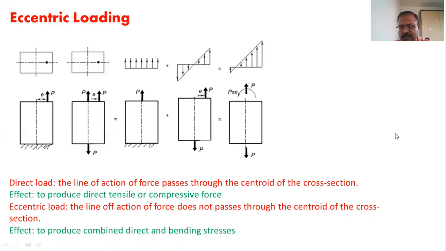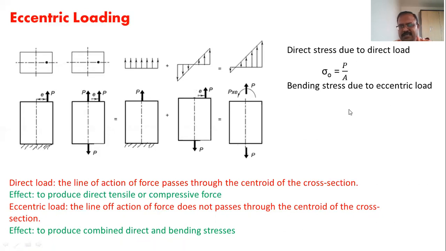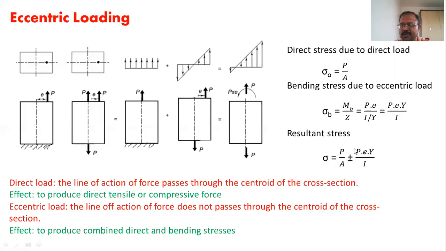Mathematically, direct stress can be calculated as sigma O equals P upon A. Bending stress is calculated as M upon Z, where M is the bending moment. Bending moment will be equal to P into E, and Z is I upon Y. So rewriting this, we get P into E into Y upon I. And the net resultant stress will be the summation.